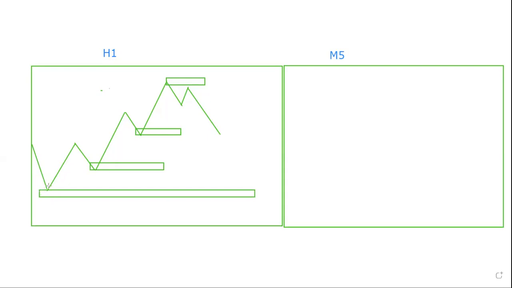So we are waiting for price to break structure and on the way up, create a second zone. So when we see this second zone created after this first zone, that is when we'll now go to M5 to take the entry.